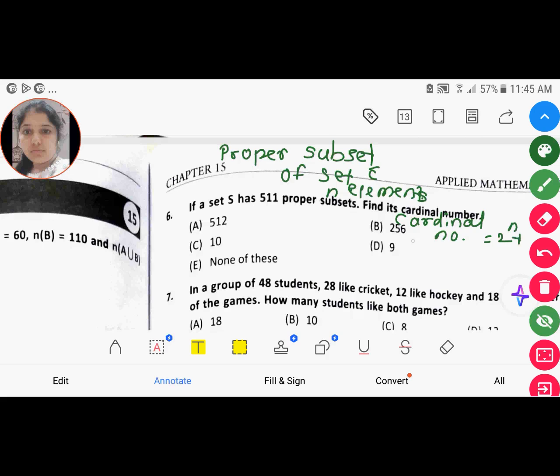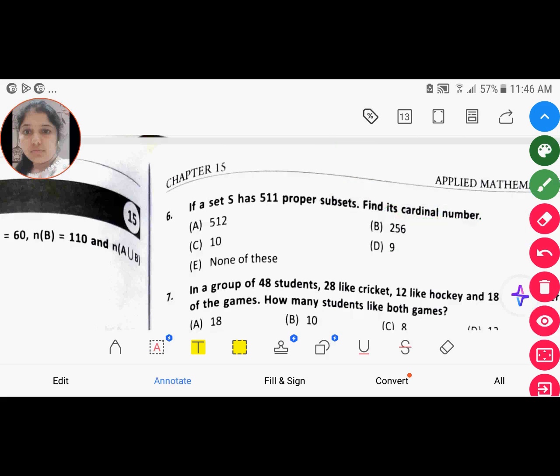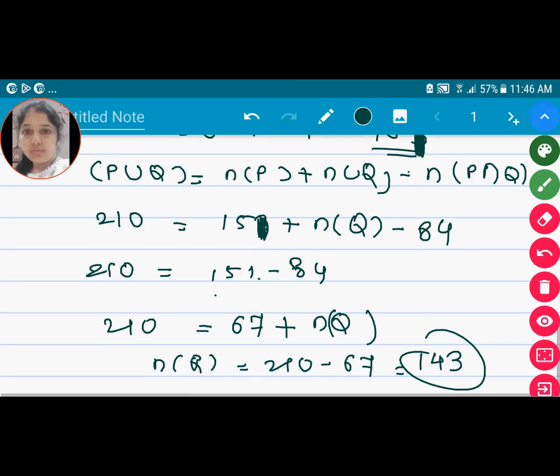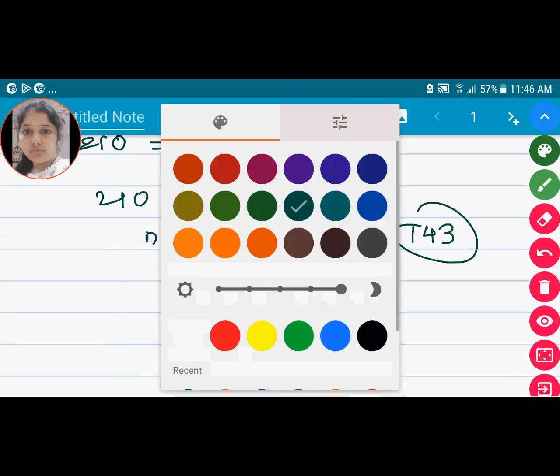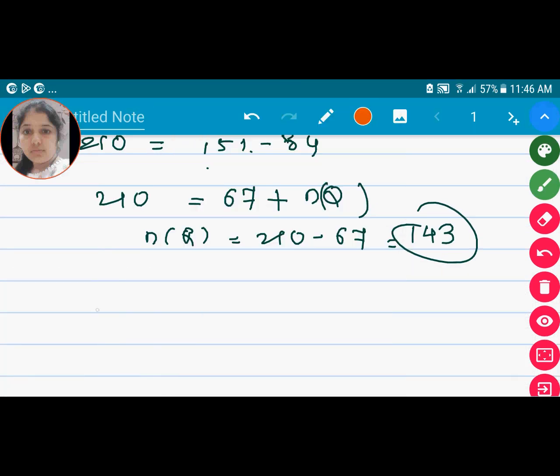This is the formula to find the cardinal number, where n is the number of elements of the set. Okay, now here the number of proper subsets is given to us, meaning 2 raised to n minus 1's value is given. So 2 raised to n minus 1 is equal to 511.